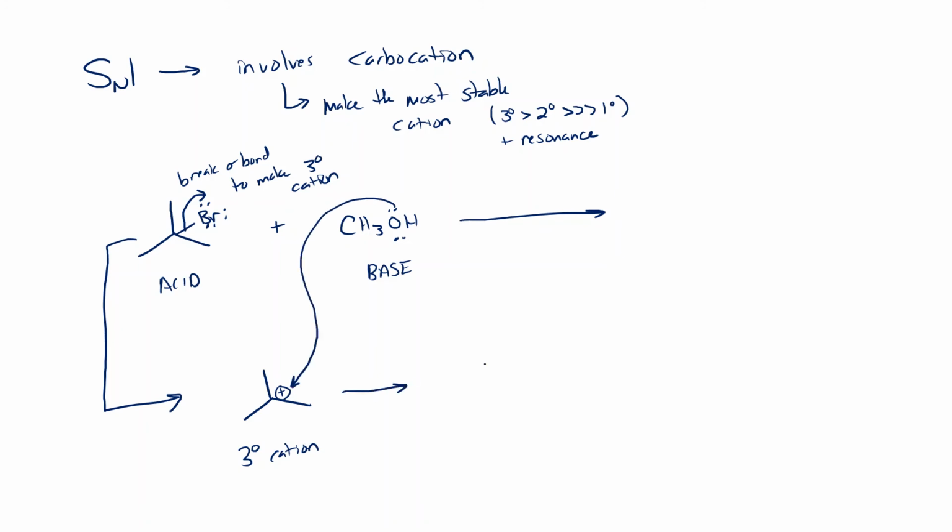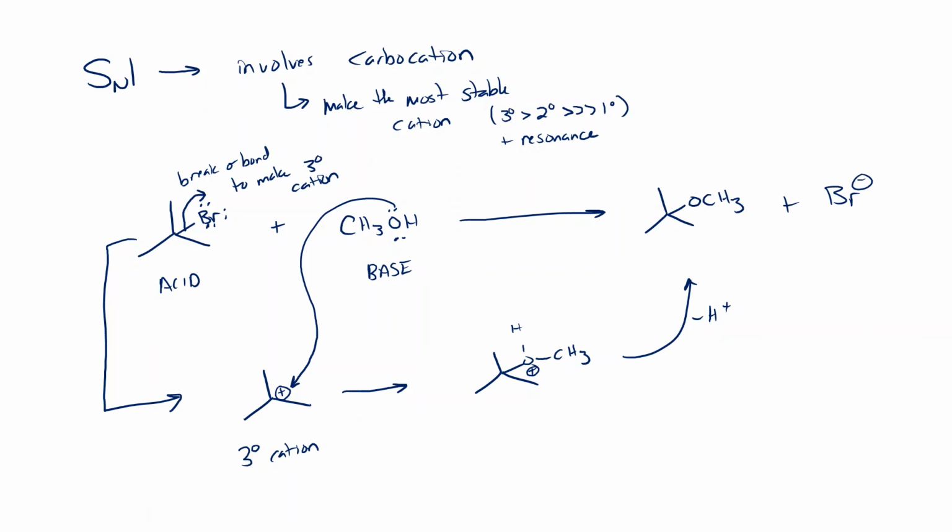And that's what we get in this case, where the methanol comes in and adds to this. We get a similar intermediate to what we've seen before, right? And now we just lose H plus, and we get our final substitution product. Once again, we're replacing the bromine with our base, in this case, OCH3.